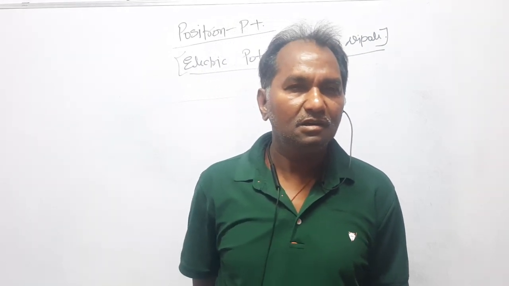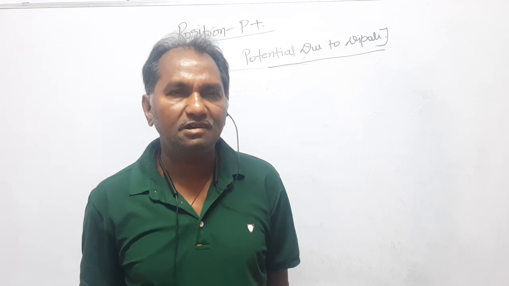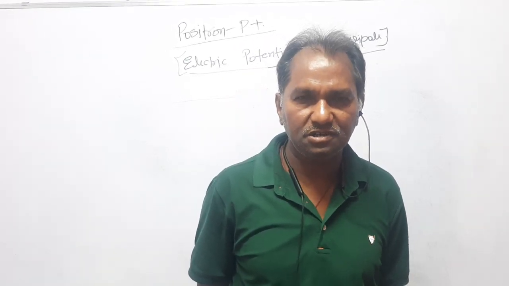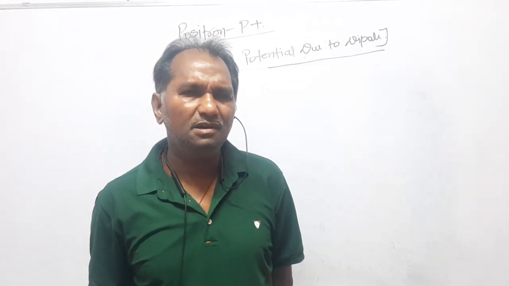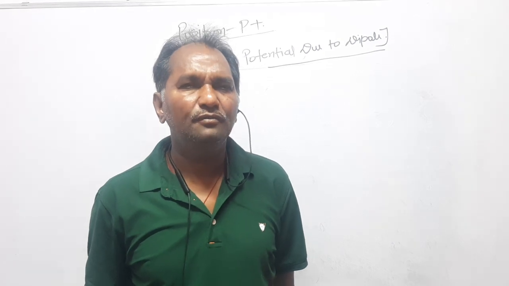In a similar way, in the very first chapter, electrostatics, in my first video on electrostatics, charge and its properties, I told you that electric field intensity is defined as the force experienced by a unit positive test charge. It means electric field intensity has the nature of force.